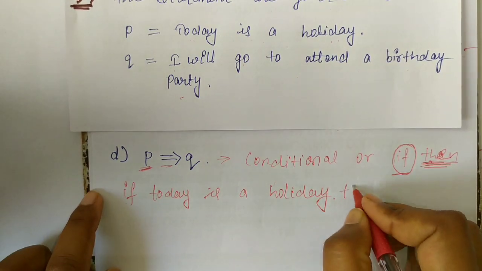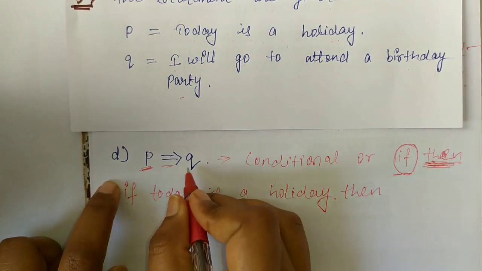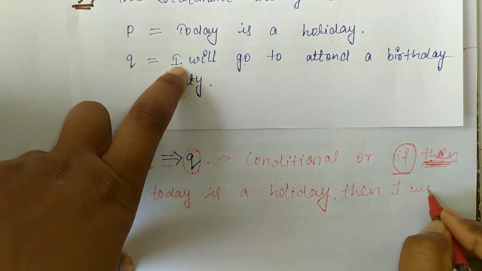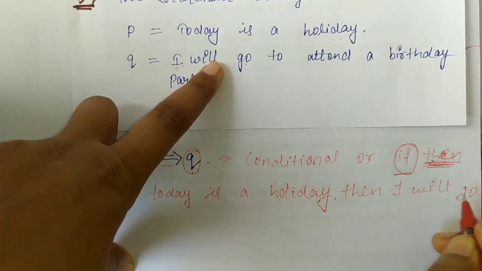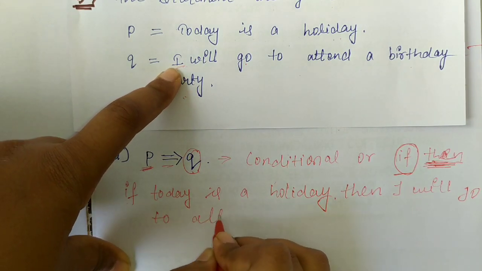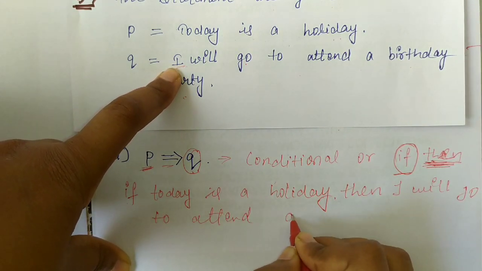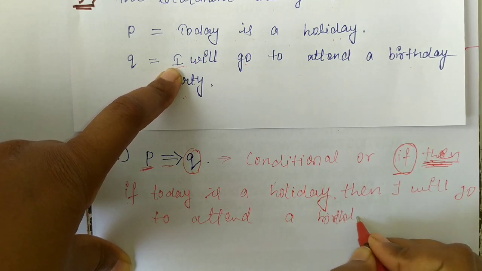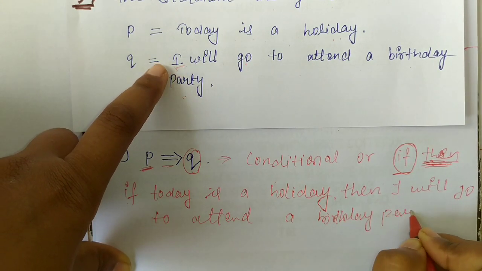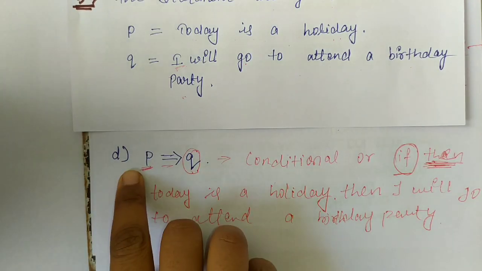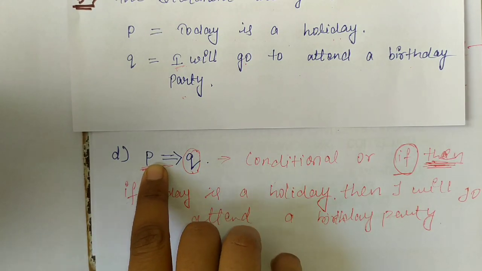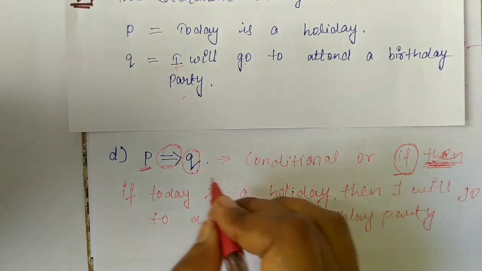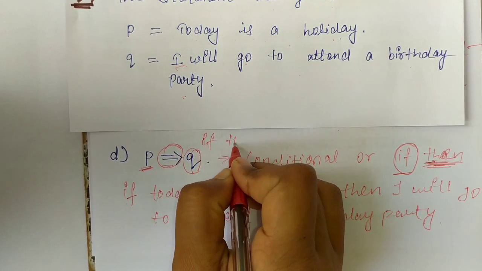So we have to write then. The next statement is Q. I will go to attend a birthday party. If the value of P, then the value of Q, because the name of this sign is if then.